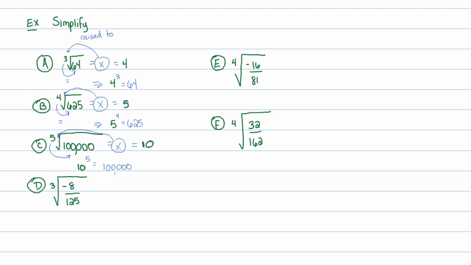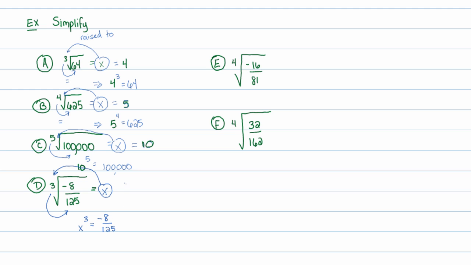And then I ask myself, well, I know this is going to equal something. I just don't know what that something is, so I'll call that x. And I'll ask myself, what do I raise to the third power to become a negative 8 over 125?